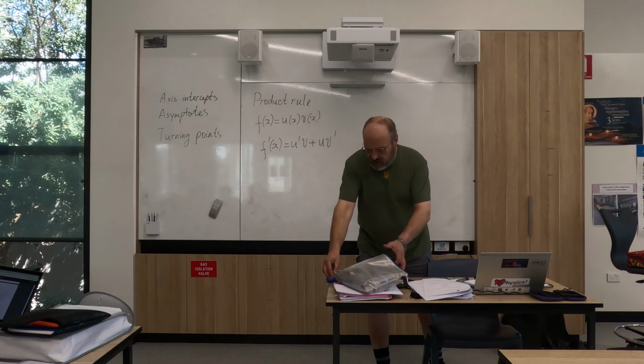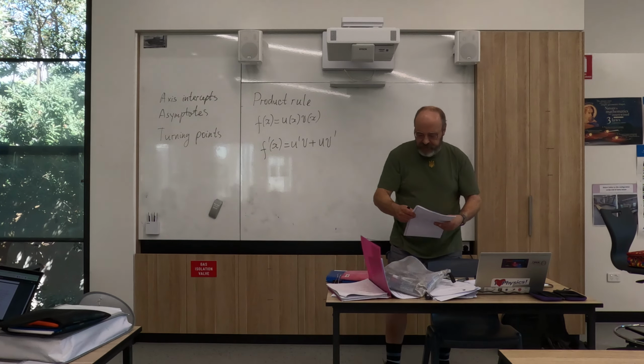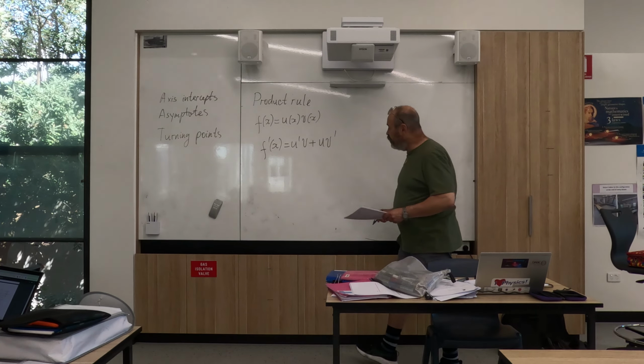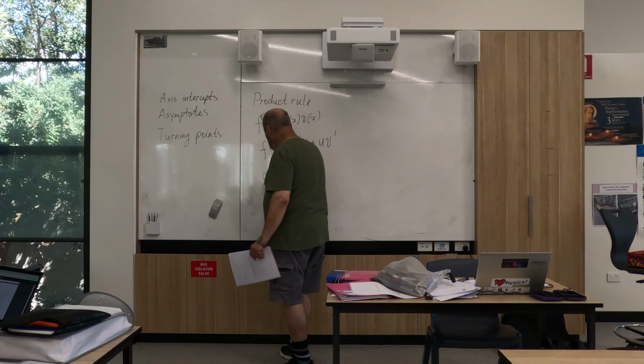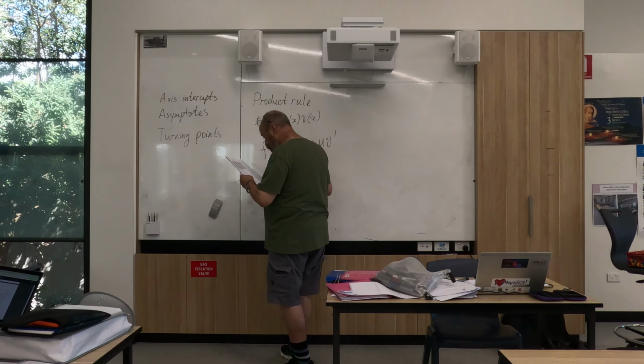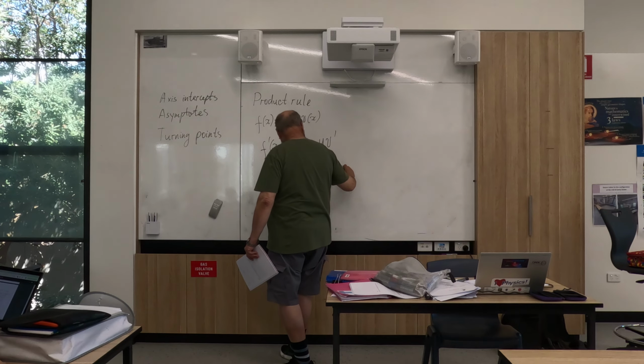Let's consider an example. Say, find the derivative of the function y equals negative 2x to the power of 4 minus 3 times negative 2x squared plus 1.